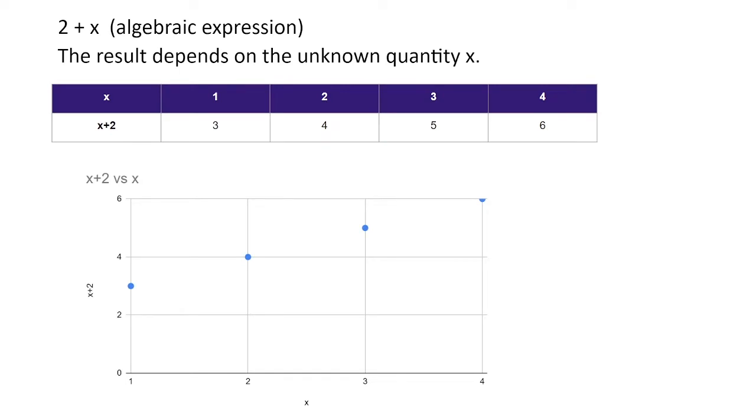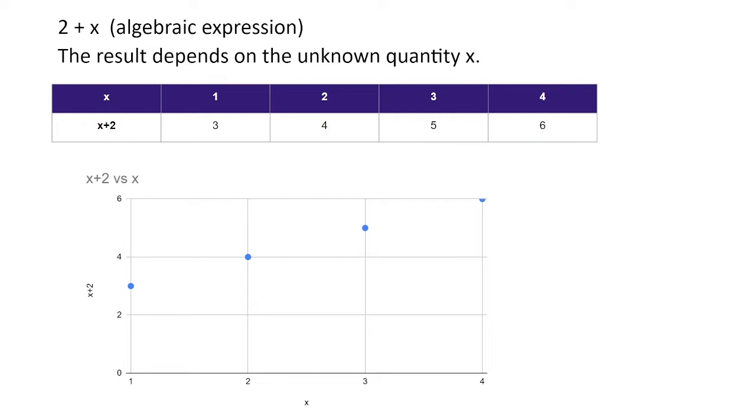Here I have looked at what 2 plus x is, and the result will depend upon the quantity of x, which is unknown. Here I am doing a substitution method, so I am giving different values for x. I am giving 1, 2, 3 and 4 in the first row, and then in x plus 2, I am replacing x with 1, which is 1 plus 2 is 3, and then replacing x with 2, which is 2 plus 2 is 4, and similarly for 3 and 4, which gives me 5 and 6.